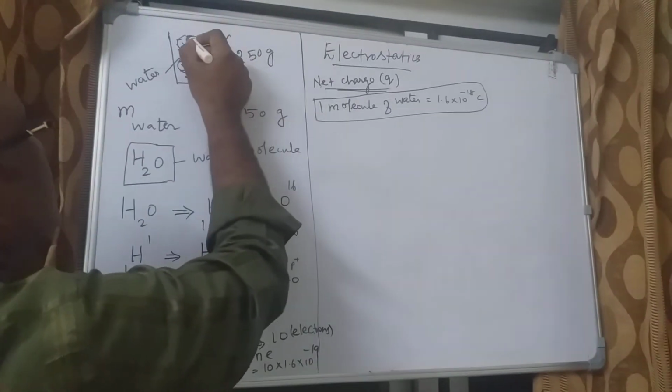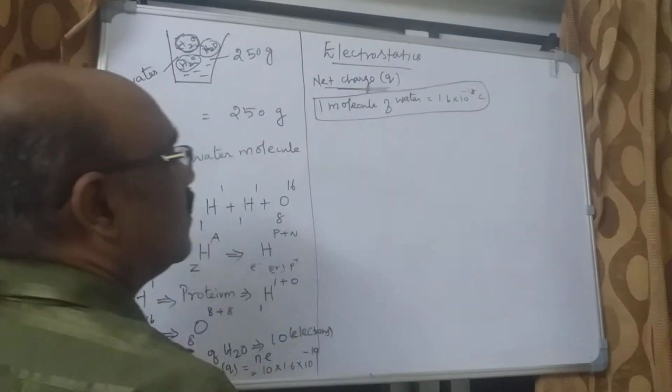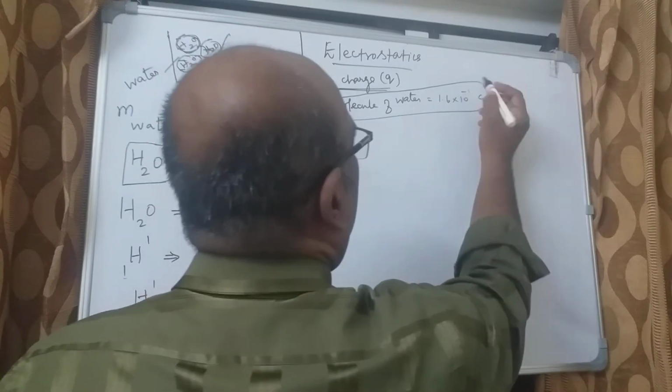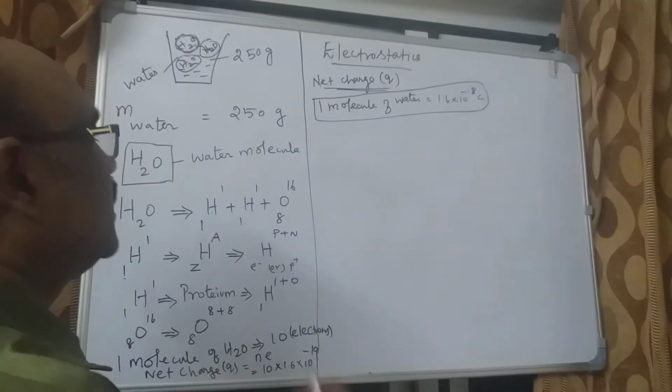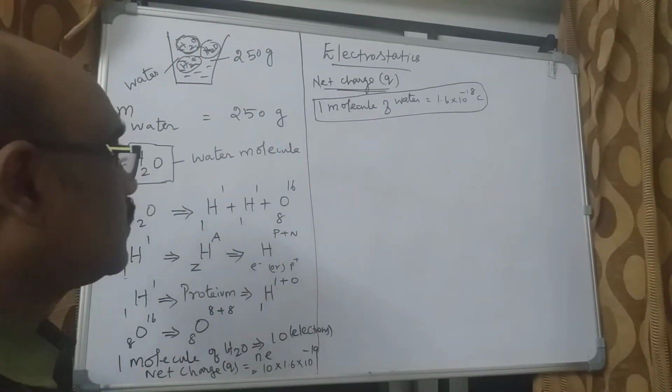That means this one molecule of water contains this much charge, 1.6 into 10 to the power minus 18 coulomb of charge.